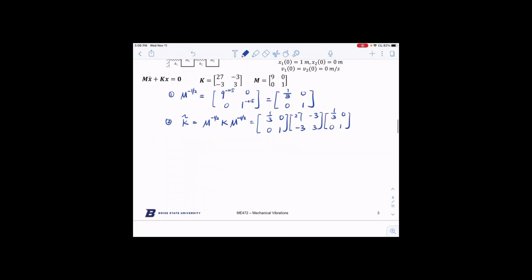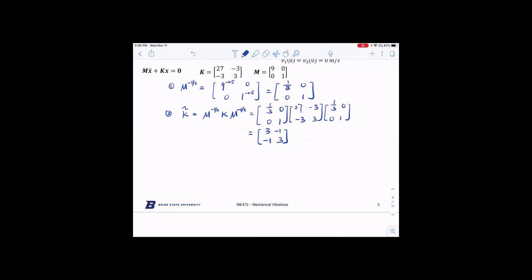When you do matrix multiplication, you just do row, column, summation, row, column, summation. Eventually you find 3, 3, minus 1, minus 1. That's your k tilde. As you can see here, your k tilde is actually symmetric.